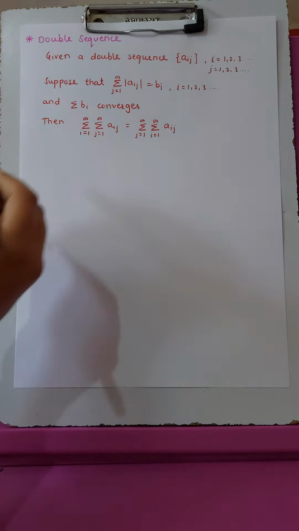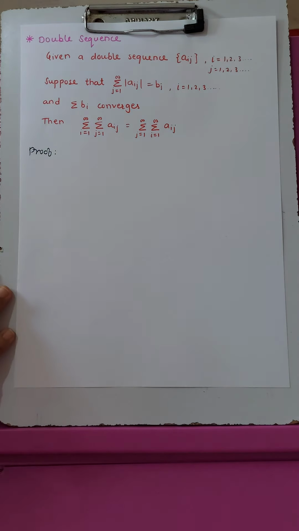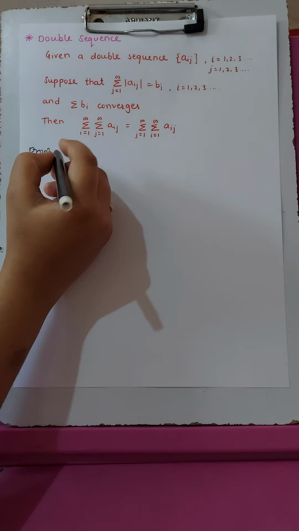So we will start with the proof. Here we consider a countable set E with points x0, x1, x2 and so on.